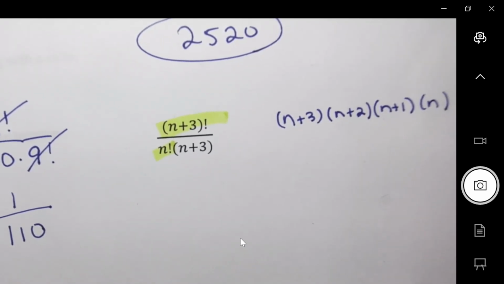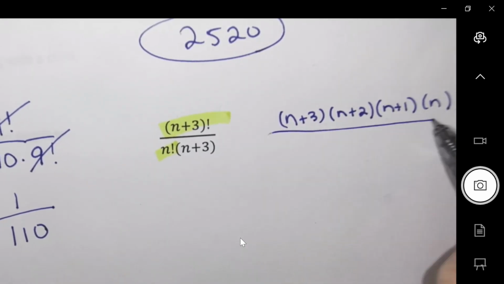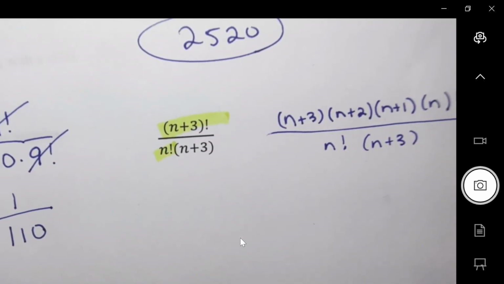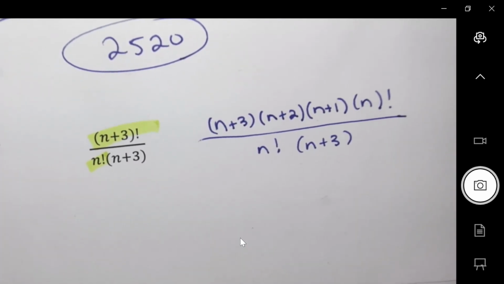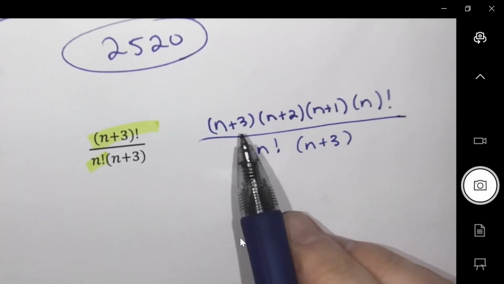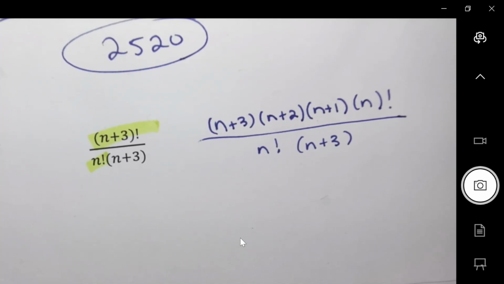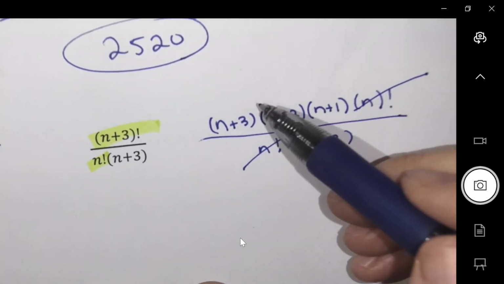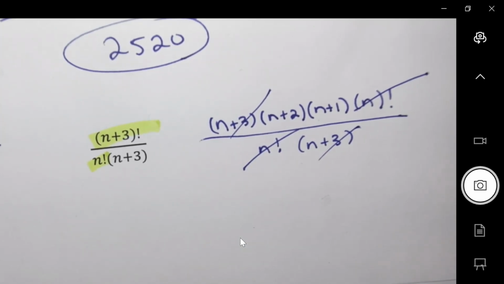Just an n? I'm going to stop there. So I expanded all the way to an n factorial as soon as you get to another one. This crosses off. The n plus 3 also crosses off.